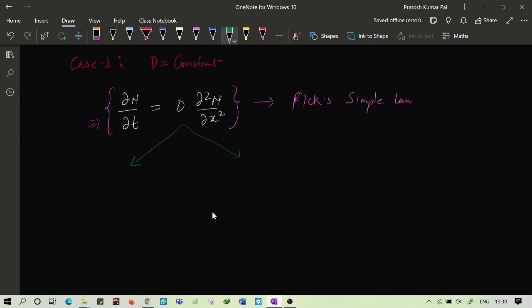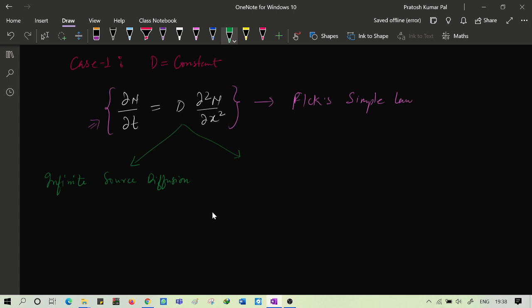The first one is called infinite source diffusion. So based on the diffusion coefficient, the first is categorized as infinite source diffusion.